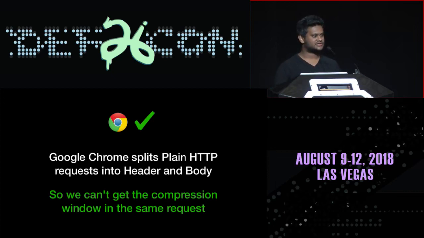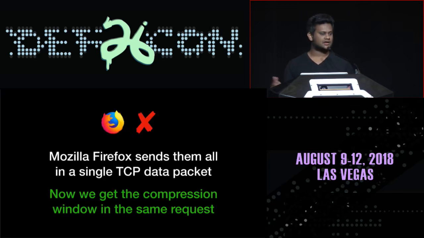So OpenVPN's compression algorithm couldn't come into effect, because the attacker's chosen bytes and the existing secret, which is the cookie, are in two different TCP packets, part of the same HTTP data. In Firefox and other browsers, it's just as expected. You send an HTTP packet, the headers and body are in the same request, so your compression window is within the same request.